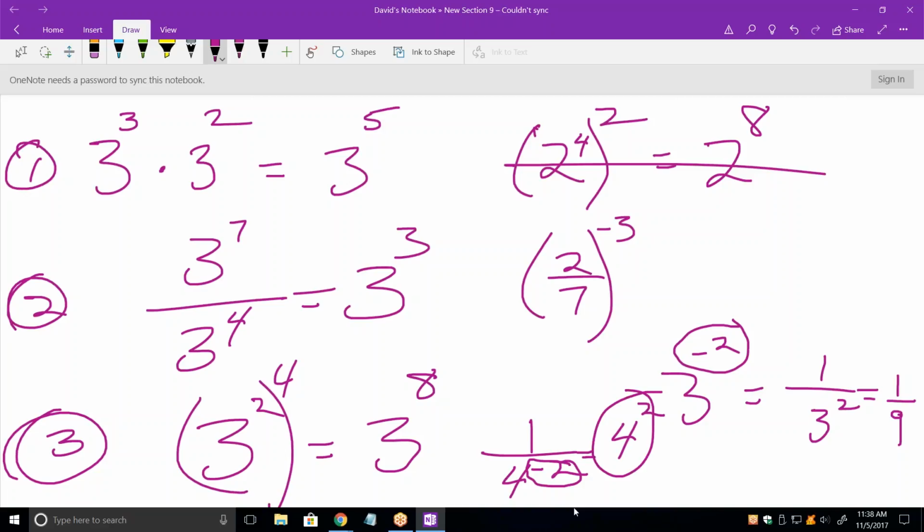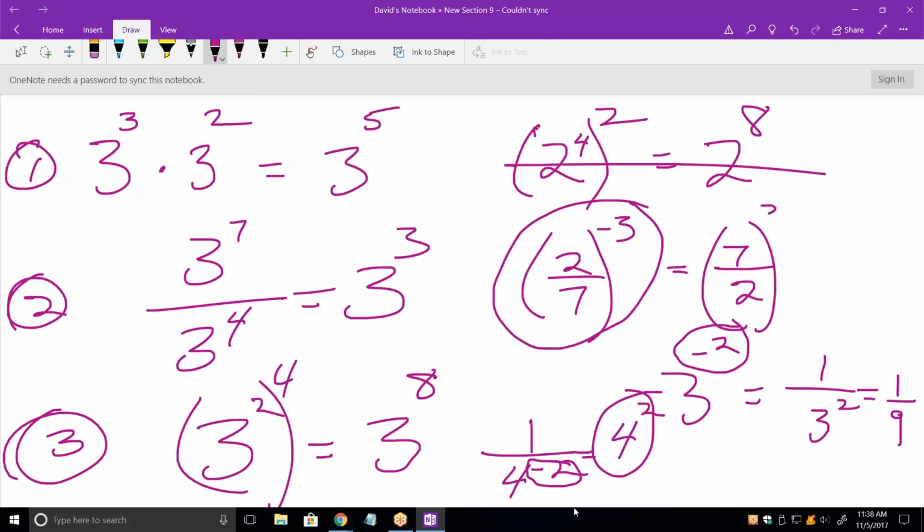So 1 over 4 to the minus 2 would be the same as 4 squared, or 16. Okay? Therefore, on this problem, all we have to do is reciprocate it. We have to move each number to the other side of the fraction bar and change the sign of the exponent.